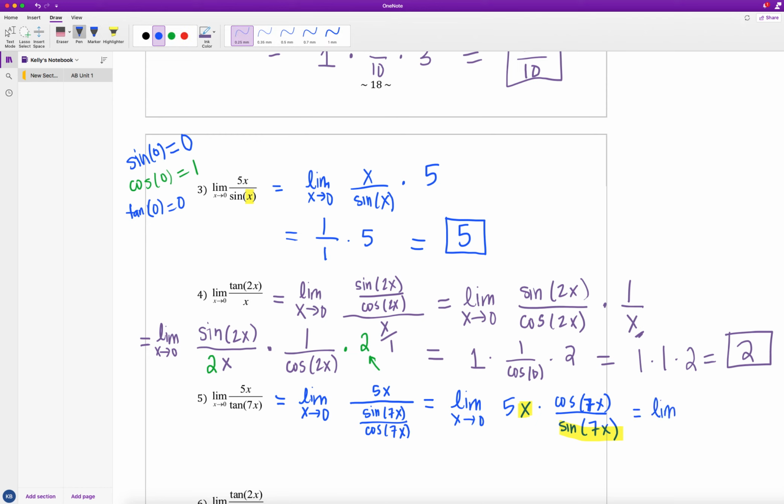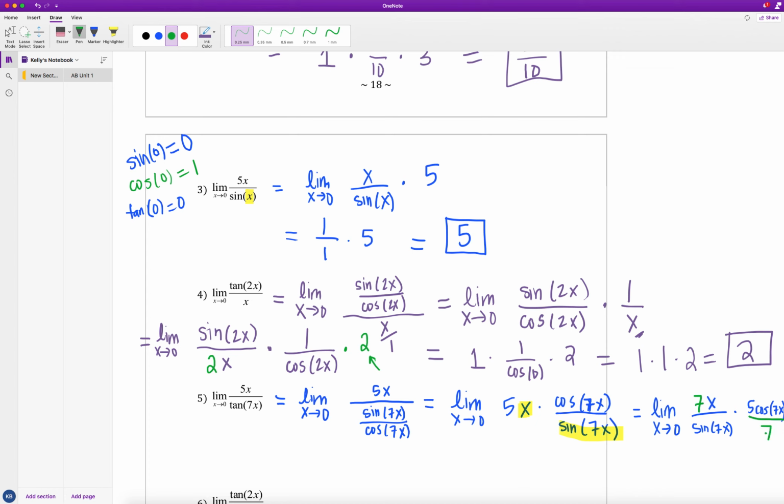So I still have a limit, since I have not actually done any calculus yet. So I have the limit as x approaches 0 of x over sine of 7x times this 5 cosine of 7x, which is off on its own over here to the left. What's missing for this first piece is I need a 7 in the numerator, but I can't just multiply by 7.